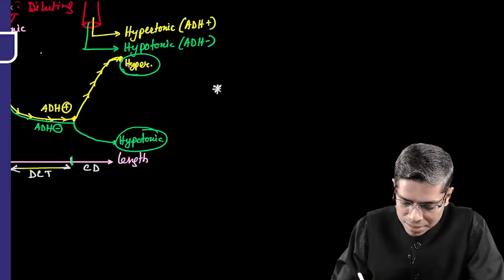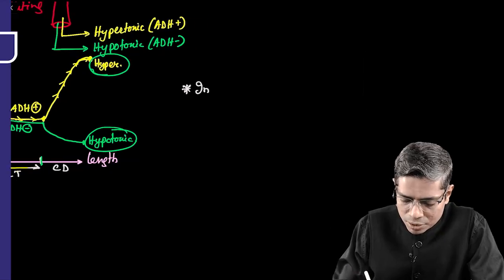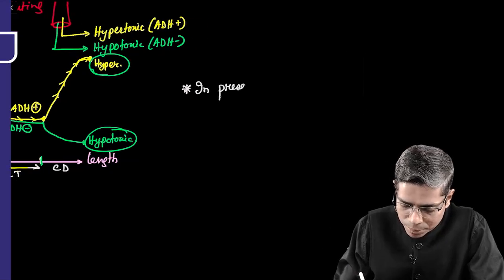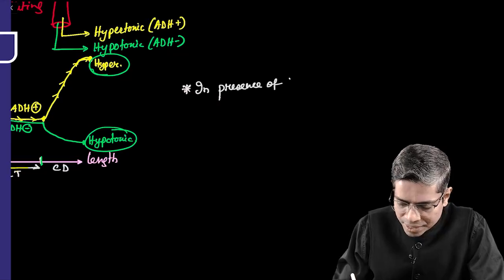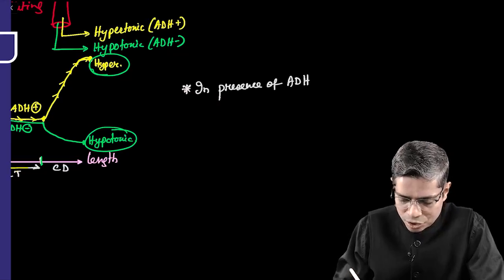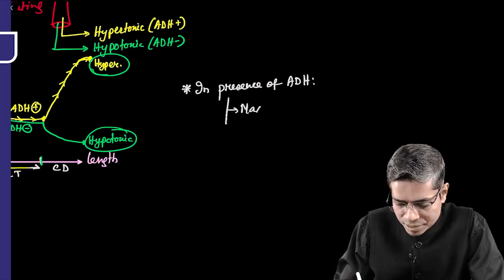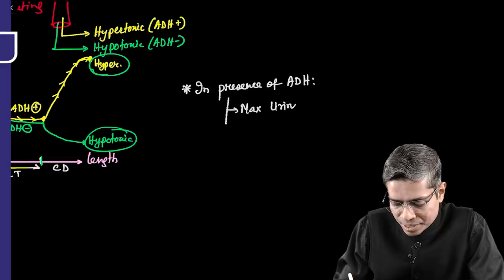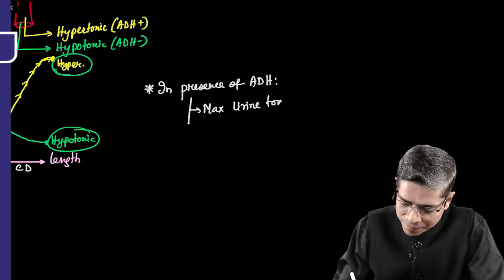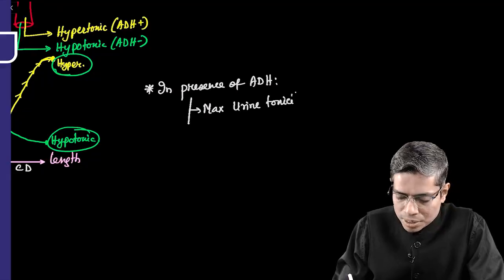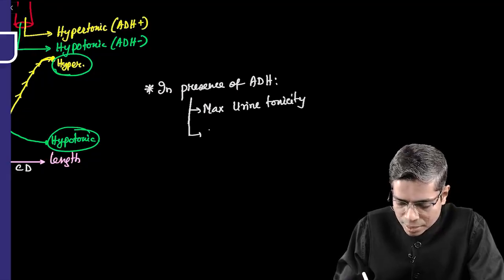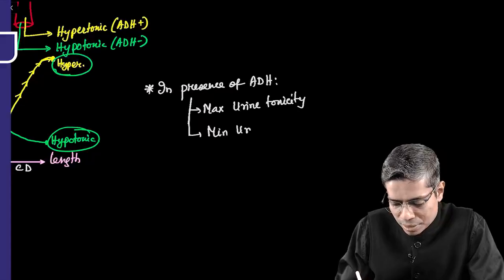The question is: in the presence of ADH, the maximum urine tonicity is in which part of the nephron, and the minimum urine tonicity is in which part of the nephron?